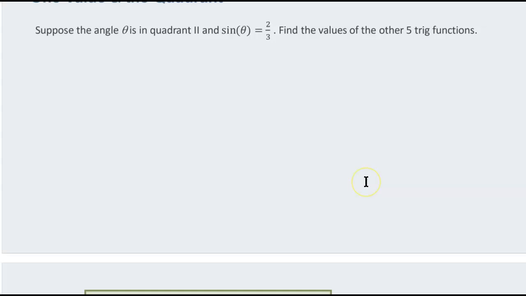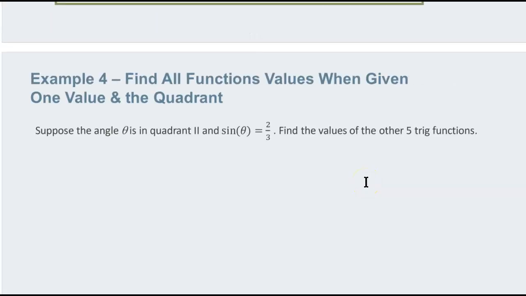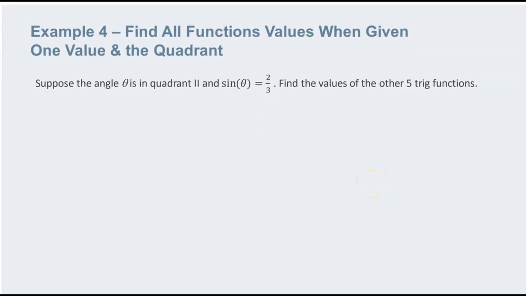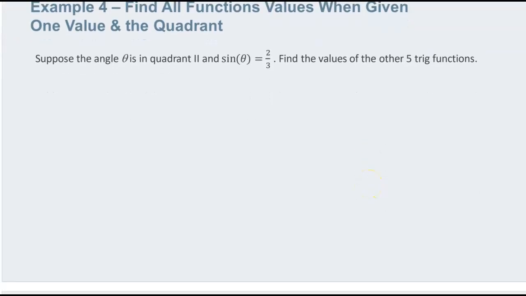All right, here's the example that I was sort of alluding to at the beginning. They've given us an angle, and they told us it's in quadrant 2, and they gave us a sine, and we need to find all of the other trig values. So let's draw a picture to start. Somewhere over here, right?